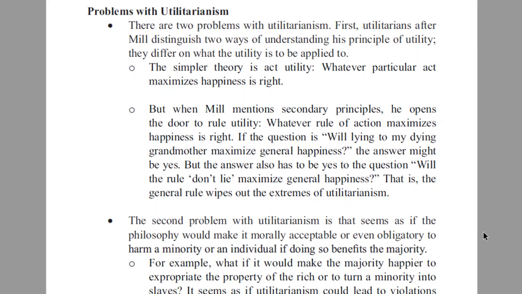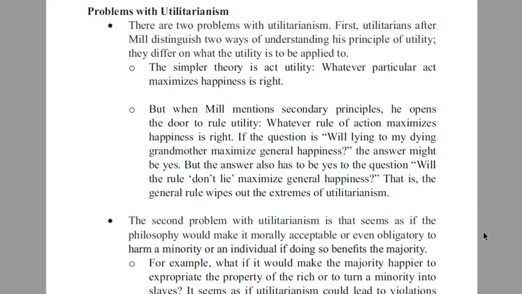Problems with utilitarianism. There are two problems with utilitarianism. First, utilitarians after Mill distinguish two ways of understanding his principle of utility. They differ on what the utility is to be applied to. The simple theory is act utility: whatever particular act maximizes happiness is right.